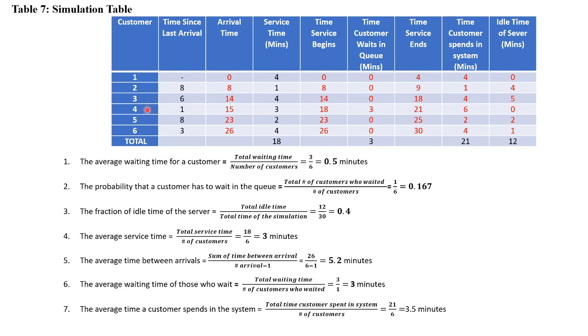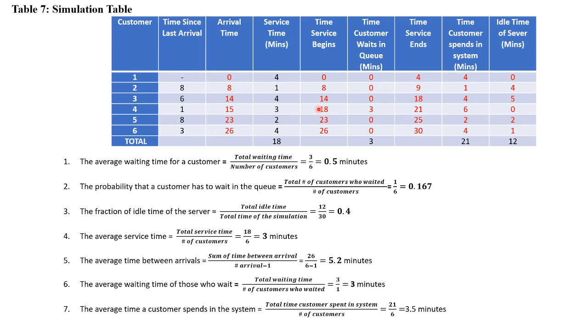Now let's go to the fourth customer. The inter-arrival time is 1, so customer 4 arrived 1 minute after customer 3. The arrival time for customer 4 is therefore 14 plus 1, that is 15. The service time for customer 4, we know to be 3.